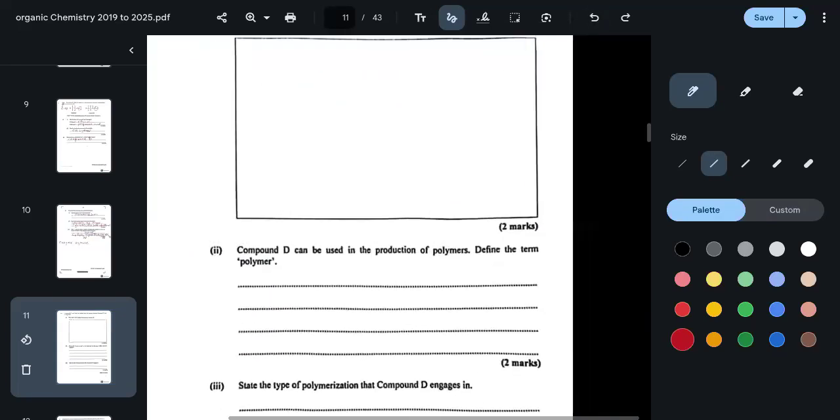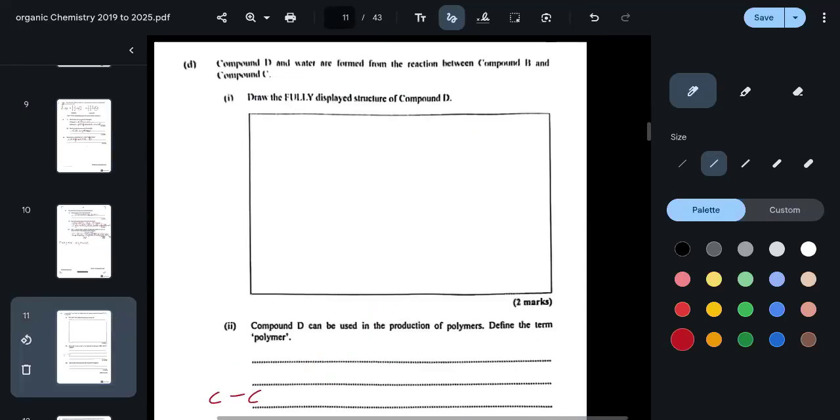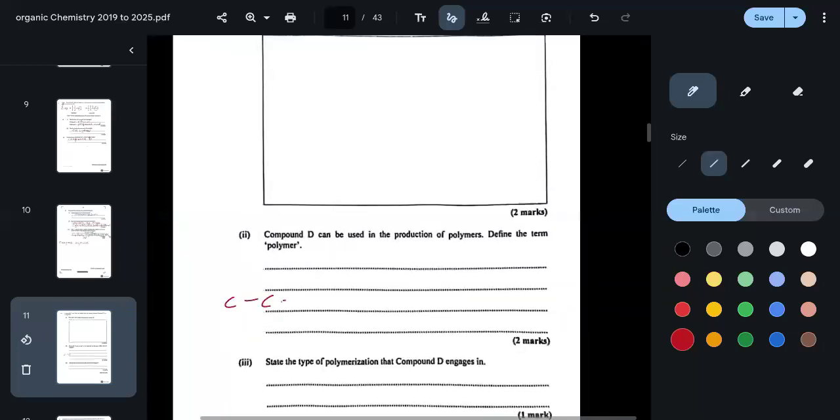All right. So you would have drawn the acid, with the 3 carbons, on this side. And then you flip around the alcohol as well, because you have to make them face each other.